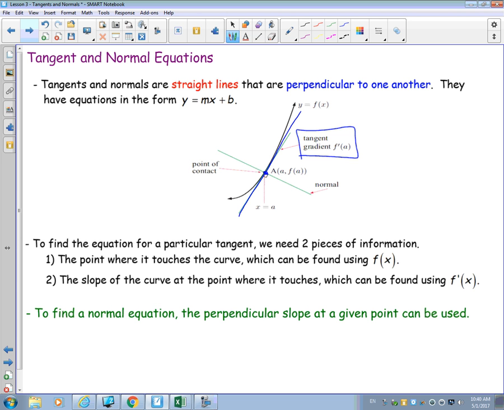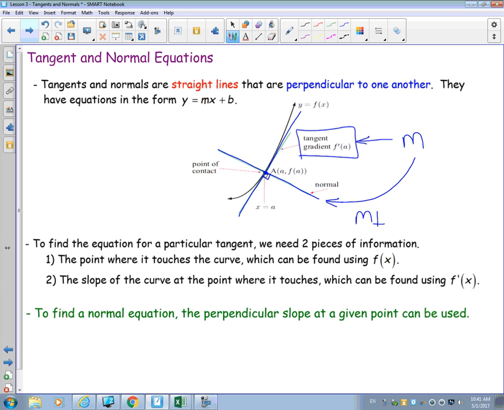Well, the normal will go the exact opposite direction. It's perpendicular. They go through the same point. And we can find that point using our function notation, our original equation. And they're perpendicular to each other. In other words, they have negative reciprocal slopes. So I can find the slope of my tangent using my derivative. And once I know that, I can find the slope of the normal by taking its perpendicular.